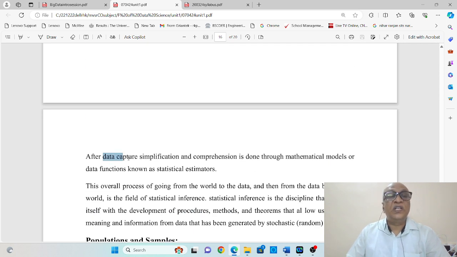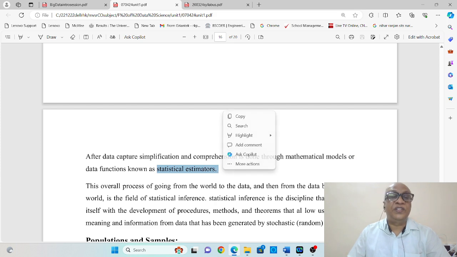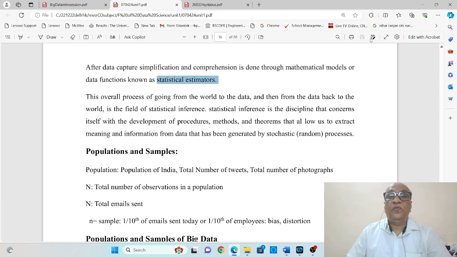Now once I do the data capture, I need to simplify and comprehend that data, and that is done with the help of mathematical models or data functions, known as statistical estimators. What is happening here is the real world life is being captured in the form of data, and that data is again analyzed and sent back to the world.